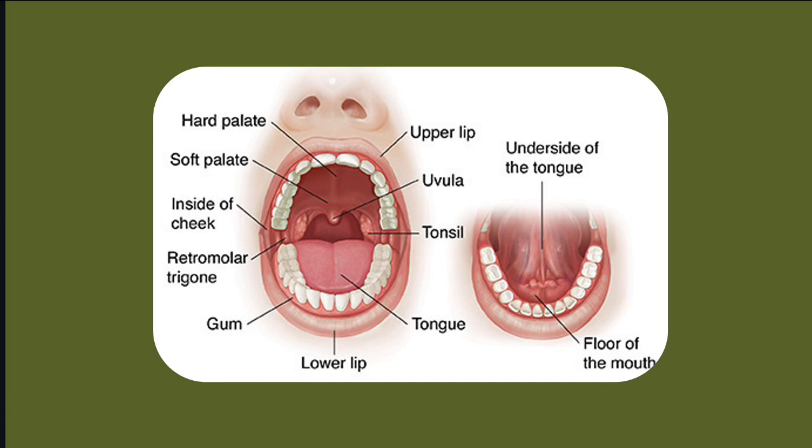For example, when pronouncing the sound fa as in fish, the lower lip touches the upper front teeth, creating the friction needed to produce the sound. Similarly, for th as in think, the tongue touches the upper front teeth to shape the sound.